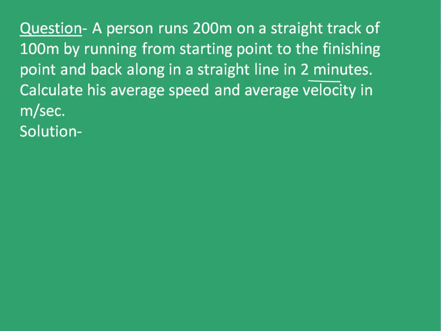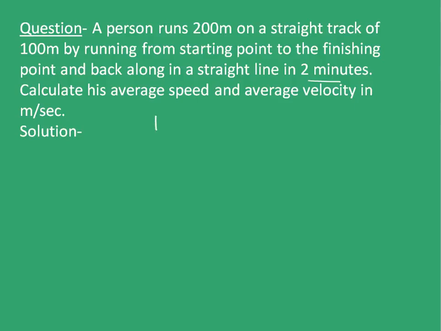Now let's take a question to understand the concept we learned. Suppose a person runs on a 200-meter track of 100 meters by running from starting point to the finishing point and back along a straight line in 2 minutes. Calculate his average speed and average velocity in meters per second.